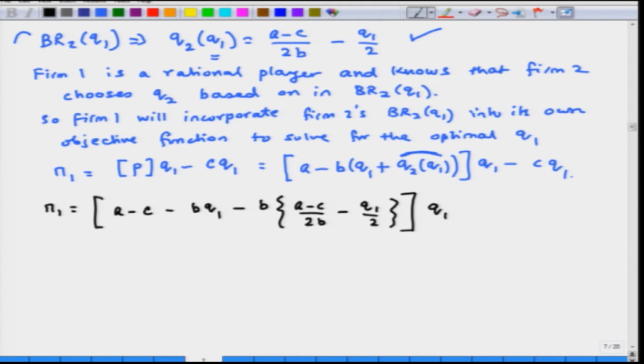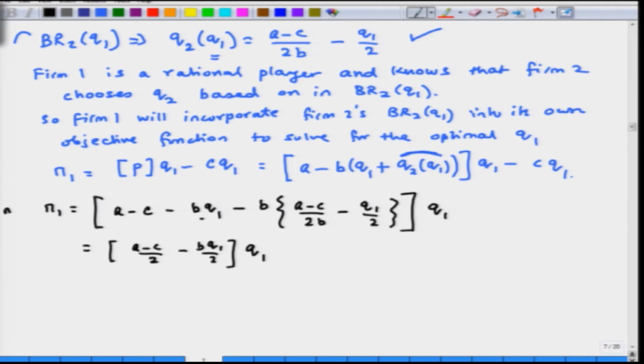Now, if I simplify this, the B gets cancelled from this term. So, I have an A minus C and an (A minus C) over 2. So, that is going to give me (A minus C) over 2, and then I have a minus BQ1 and then a plus BQ1 by 2, that is going to give me a minus BQ1 by 2, times Q1, and firm 1 is going to choose the optimal Q1.